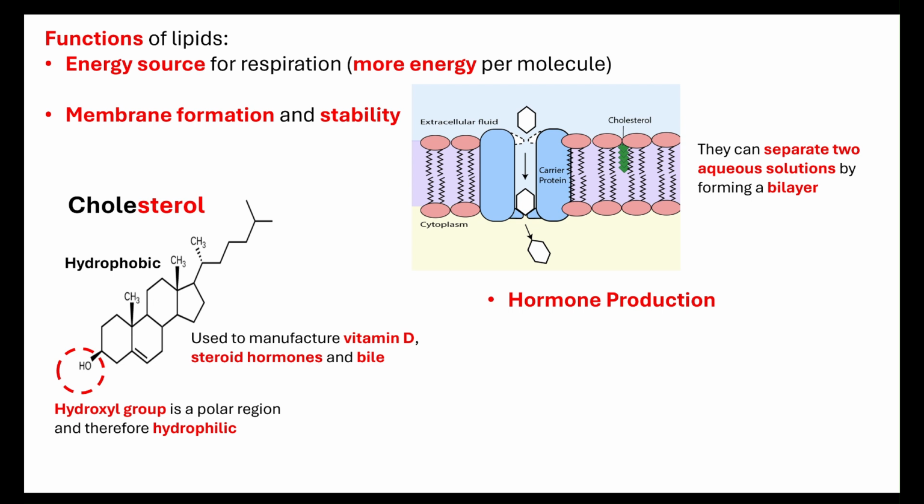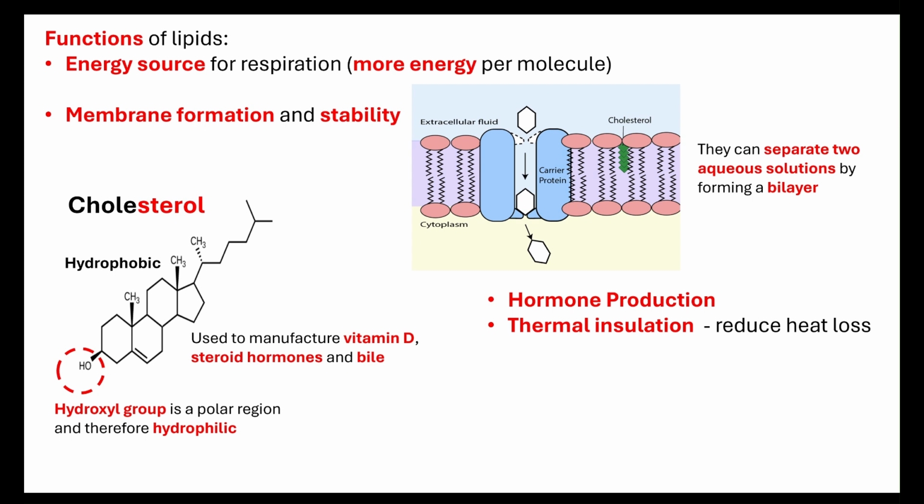You'll learn more about bile and steroid hormones when you do module 5 as part of your A level, but it is important to note that without cholesterol, you wouldn't be able to manufacture vitamin D, steroid hormones, or bile. So cholesterol is a type of lipid that is necessary for hormone production.